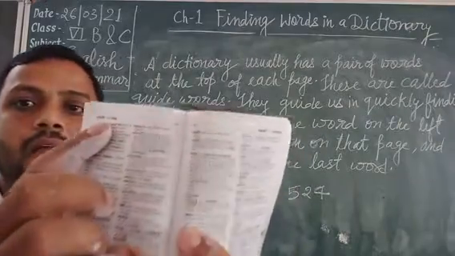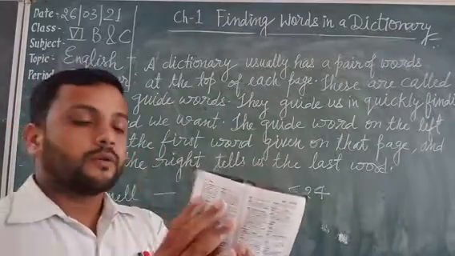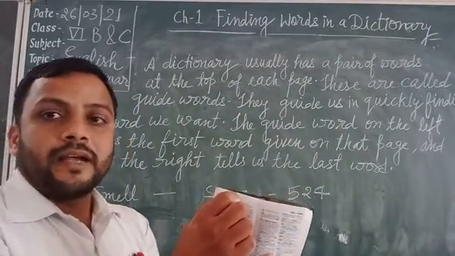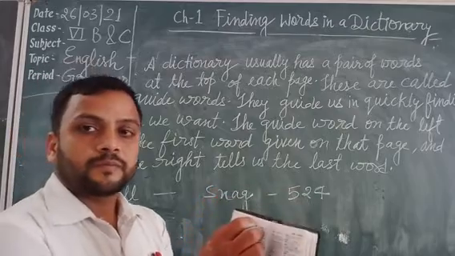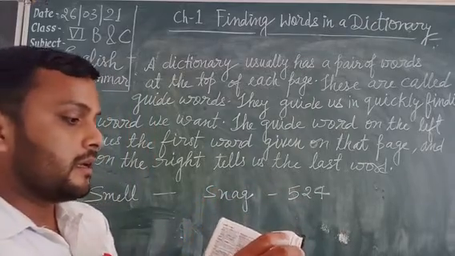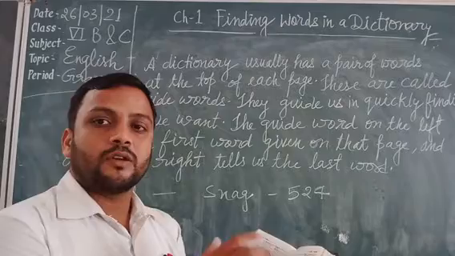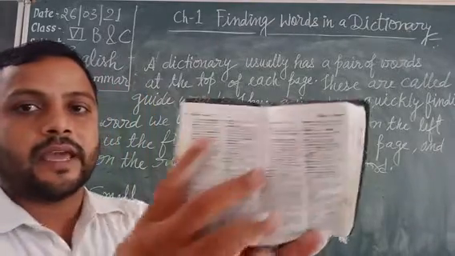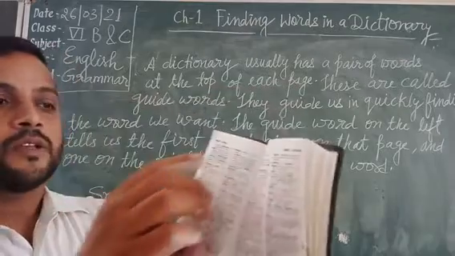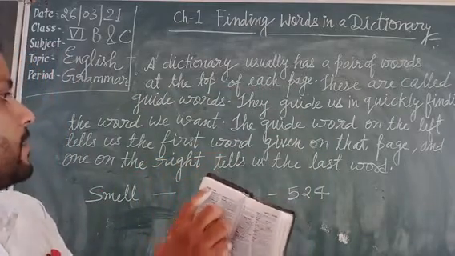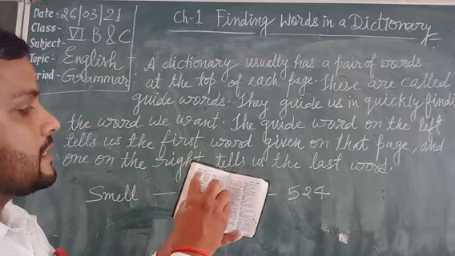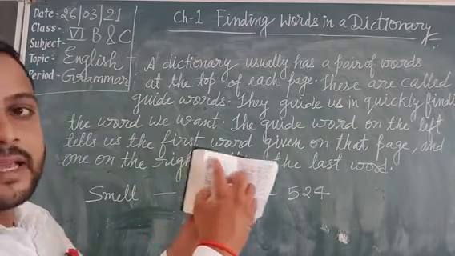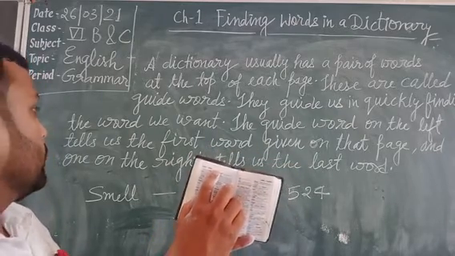Such kind of guide words are given on each page of the dictionary. Just see here. Smell is on the left side and snag is on the right side.